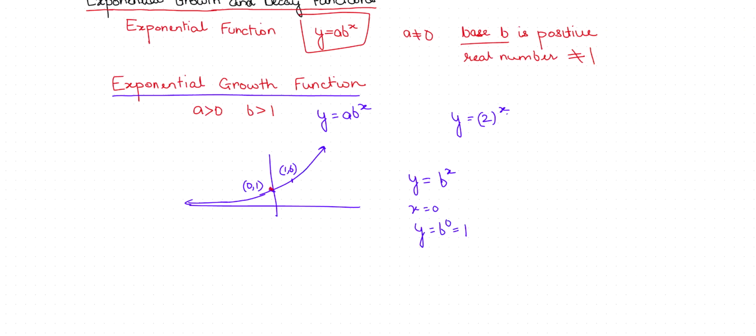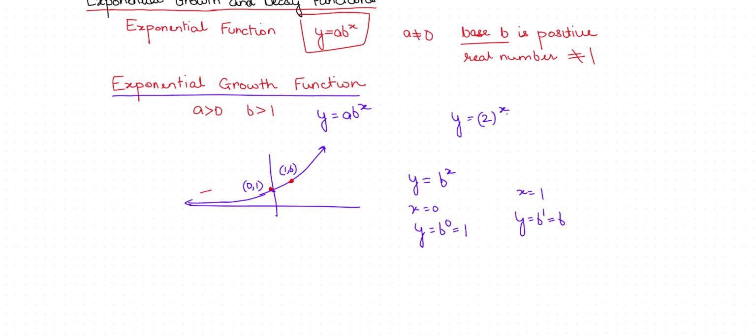At the same time, if we put x is equal to 1, y is equal to b raised to power 1, which is b. So this is the coordinate where x is 1 and y is b. And we see that the graph rises from left to right like this.